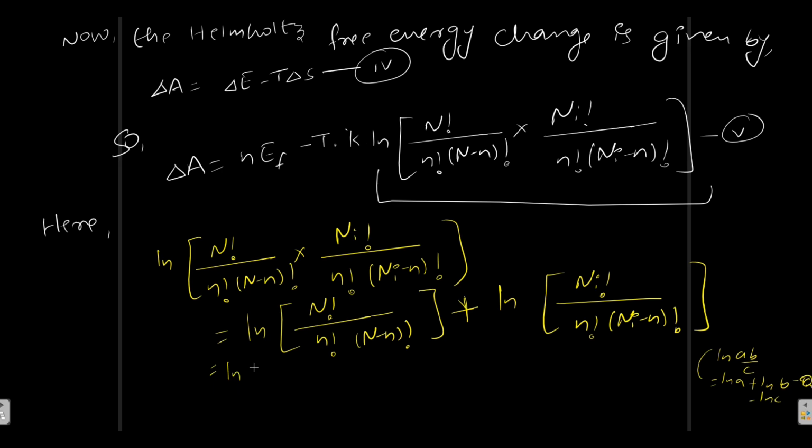So it will be ln N factorial minus ln n factorial minus ln N minus n factorial, plus ln N_i factorial minus ln n factorial minus ln N_i minus n factorial, right? This one is very simple. Now wherever there is ln of a factorial over here, we need to use Stirling's approximation.